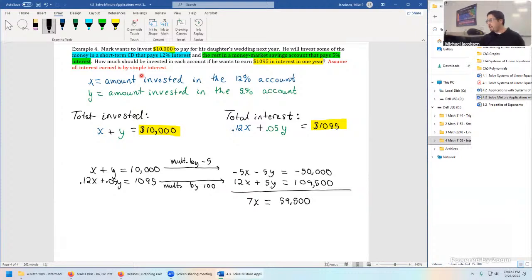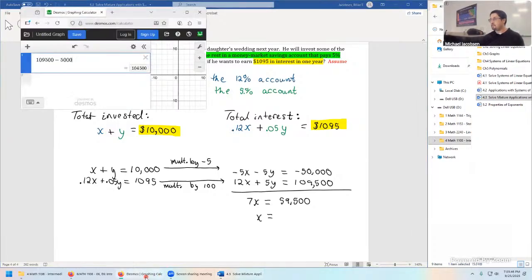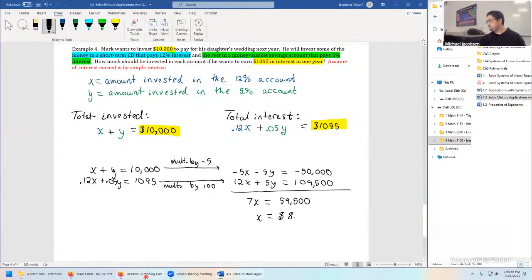Last thing to do is just to divide both sides by 7. Division by 7 is going to give us 8,500. So $8,500 is invested in the account earning the 12% rate.